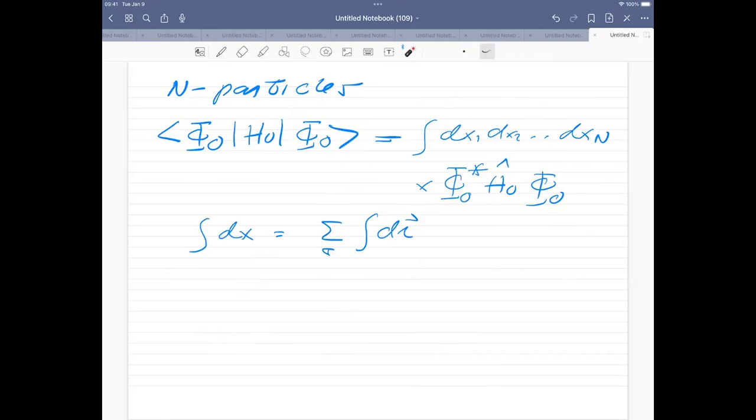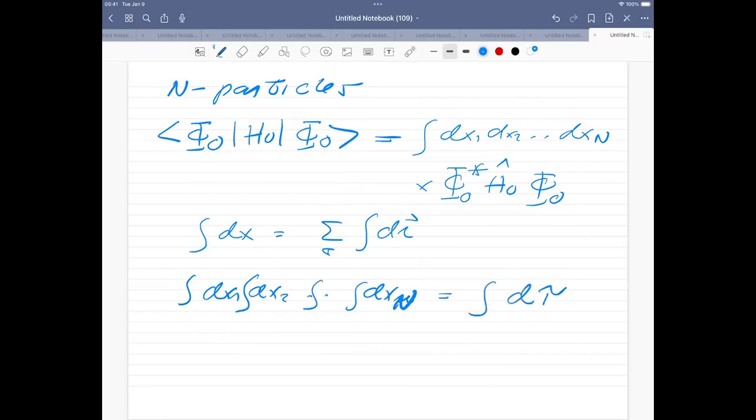Okay, so if we look at these integrals, what we're also going to do now is simply to say that this dx1, dx2 up to dxn, as a shorthand, we just rewrite this as d tau, where tau is dx1, dx2, etc. Okay? So what we end up with then is an integral which we have to evaluate.